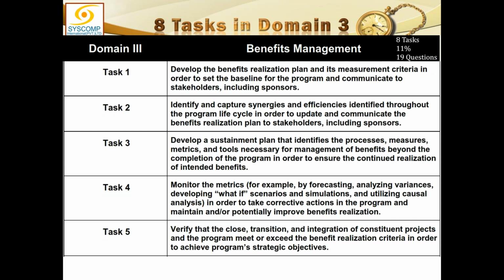The second task is to identify and capture synergies and efficiencies identified throughout the program lifecycle in order to update and communicate the benefit realization plan to stakeholders, including sponsors. Now, this is in continuation of the first task, but you are now trying to find the vehicles to carry your benefit management plan to the right places.